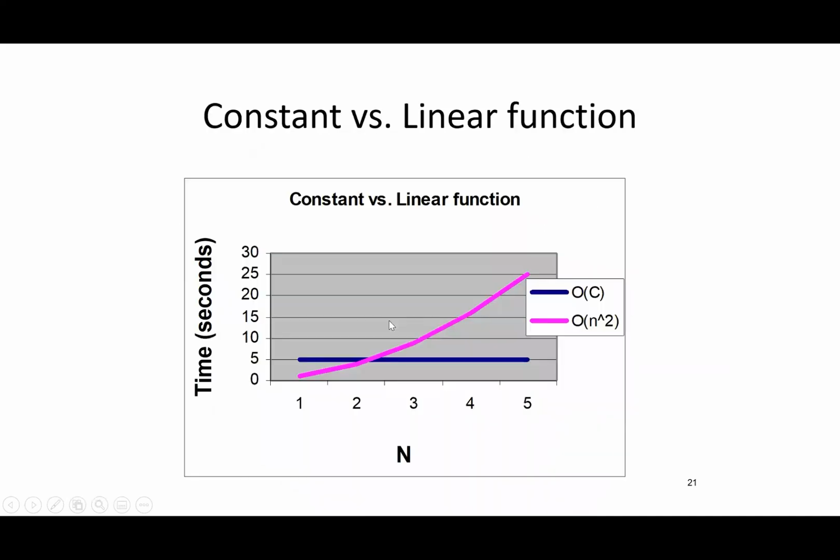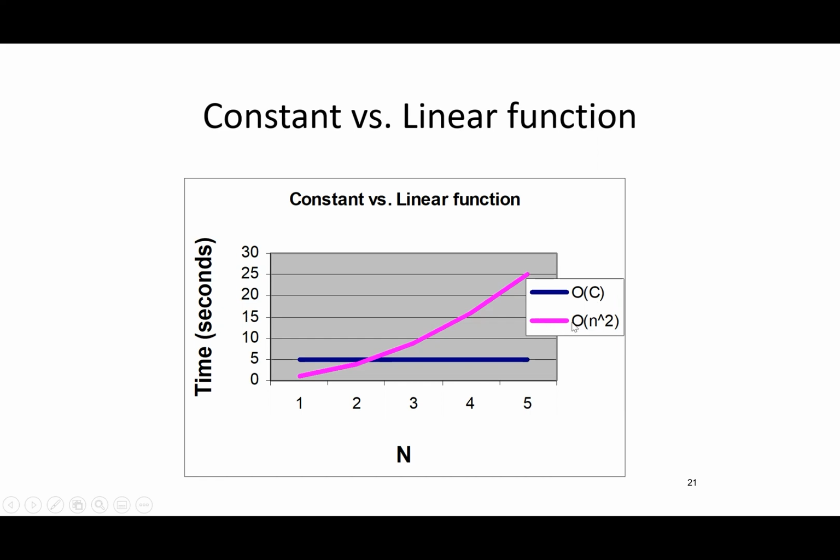So how do we use big O to measure our algorithm? For example, if you look at this graph, let's say I have two algorithms, one in pink color and one in blue color. The big O for these two algorithms is given here. For the blue one, the big O is order of C, where C is a constant.